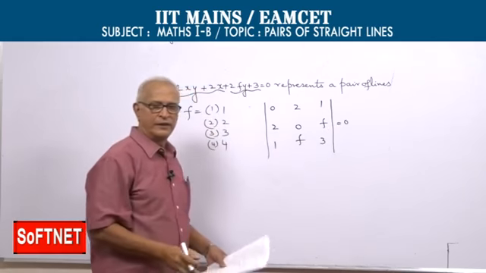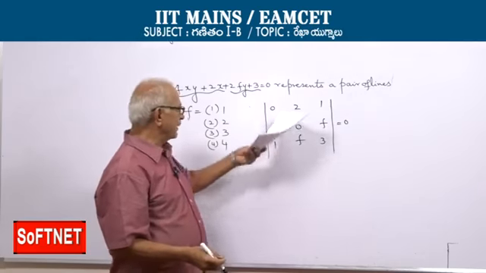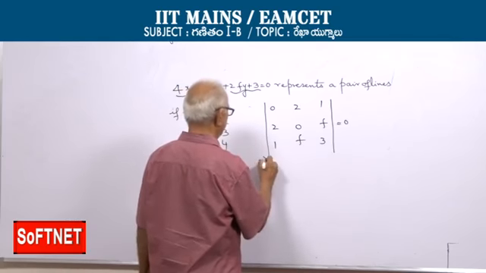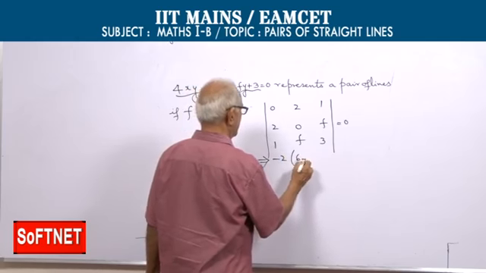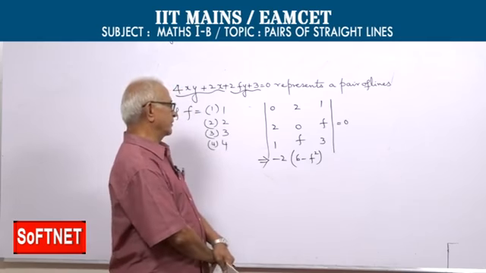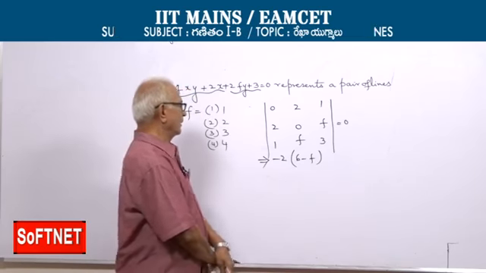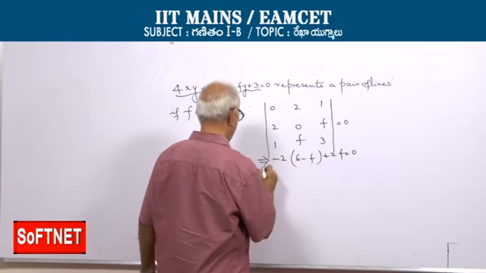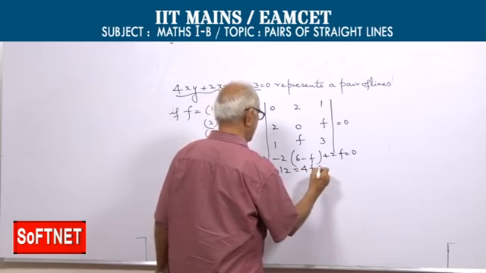That is one of the necessary conditions for the equation to represent a pair of lines. And therefore, when you expand, you can easily see that this is −2 into (6 − f) plus 2f, or this is 12 equal to 4f, that gives f equal to 3.